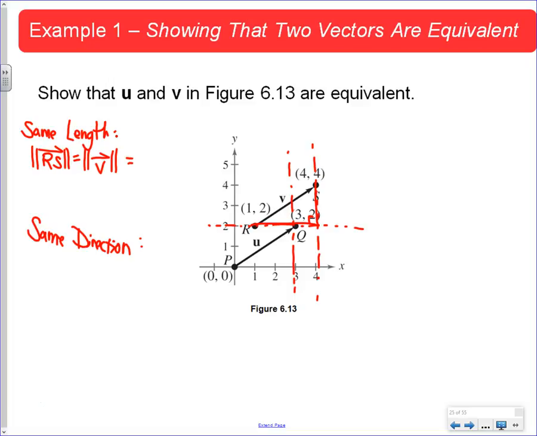So you can call this guy 3, and then what would his height be? 4 minus 2 is 2. Good. So we would say he's going to be the same thing as the square root of 4 minus 1 squared plus 4 minus 2 squared, which is the same thing as 3 squared is 9, 2 squared is 4, square root of 9 plus 4 is square root of 13, right?